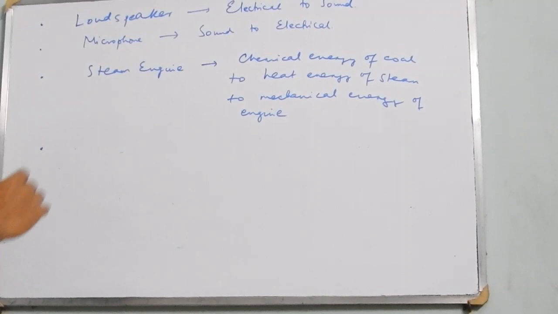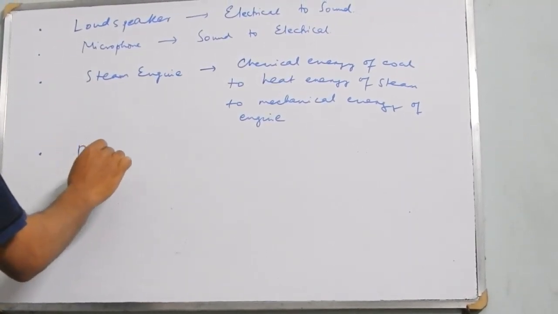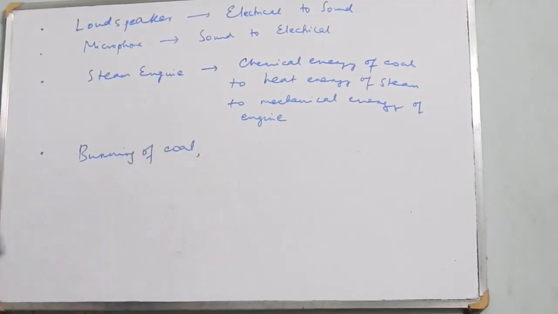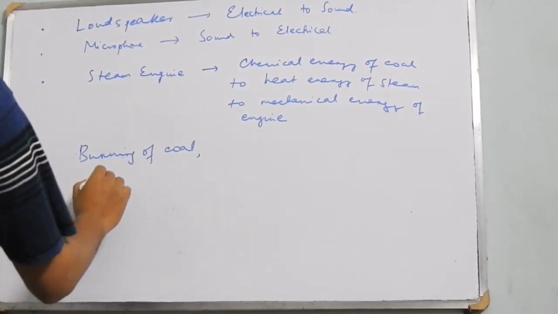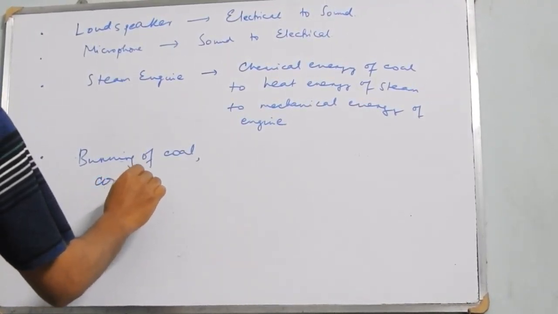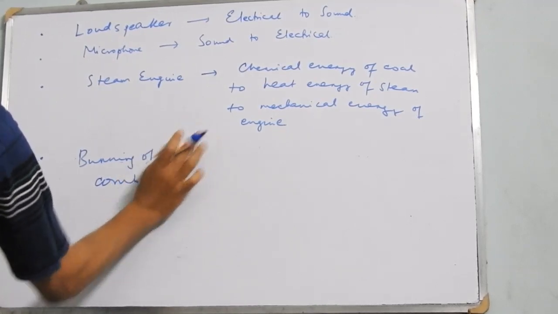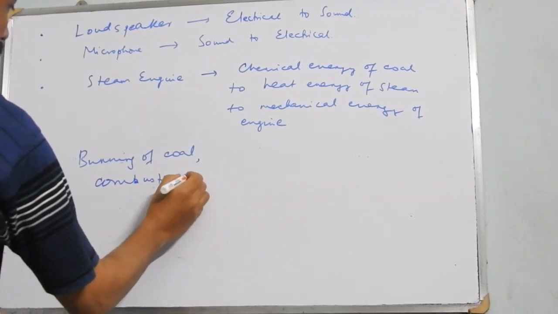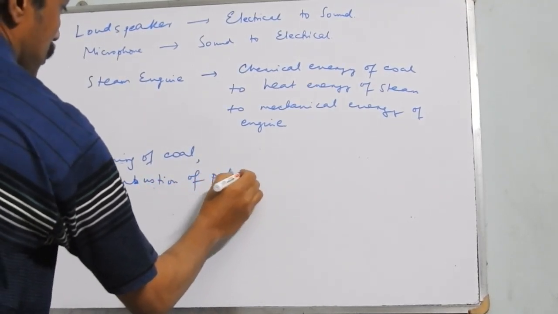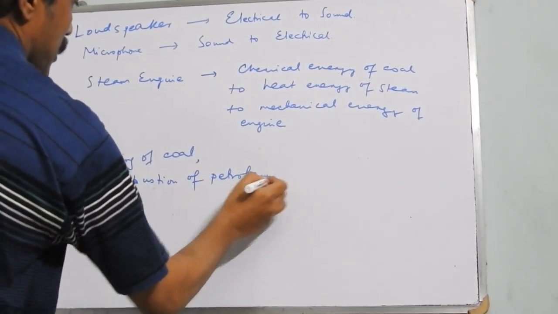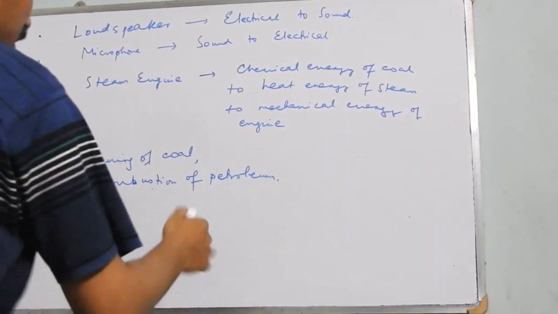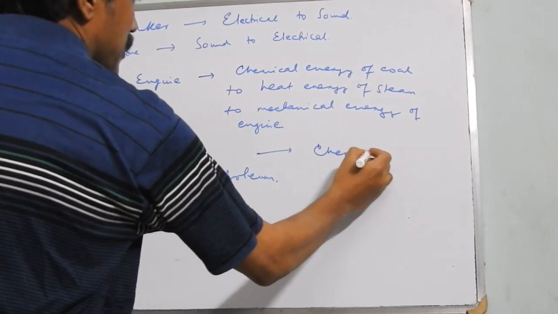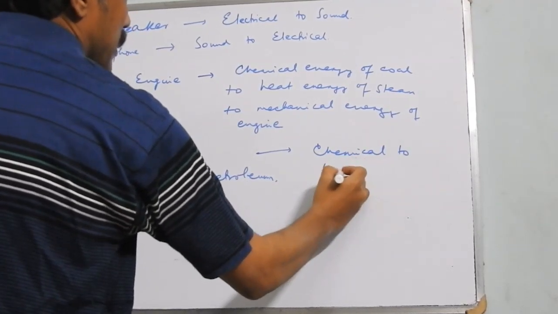So burning of coal, combustion of petroleum, etc. Even the burning of wood converts chemical energy to heat energy.